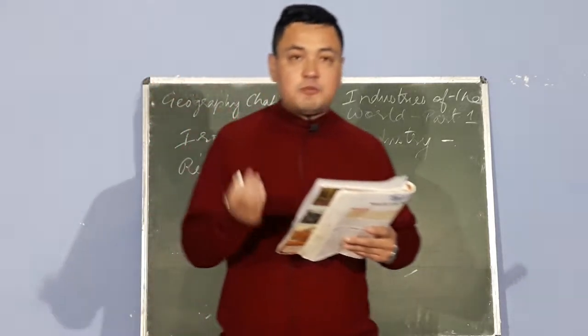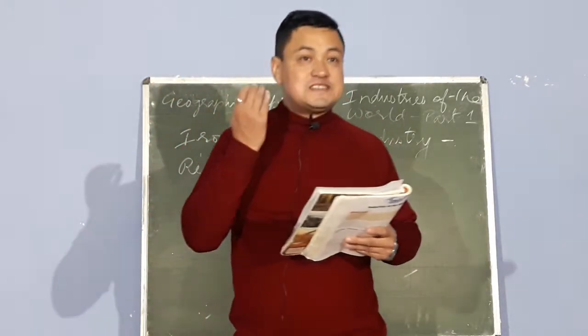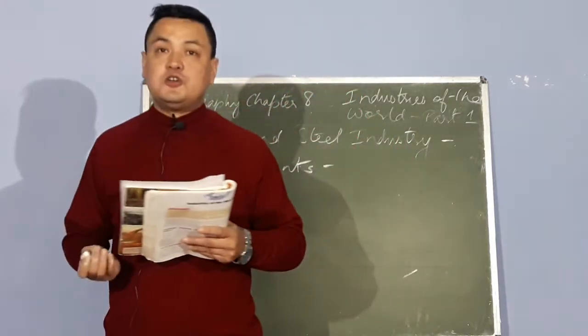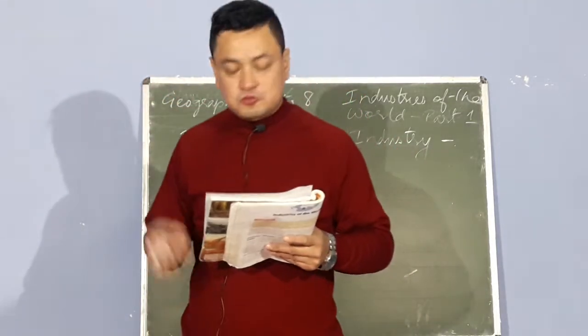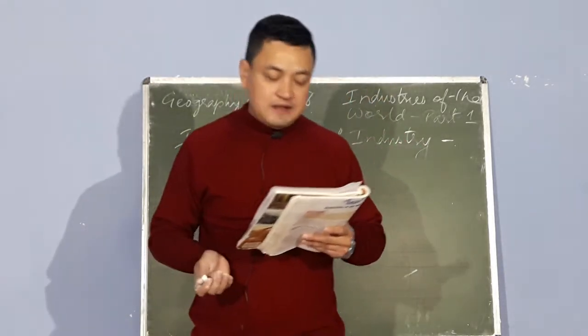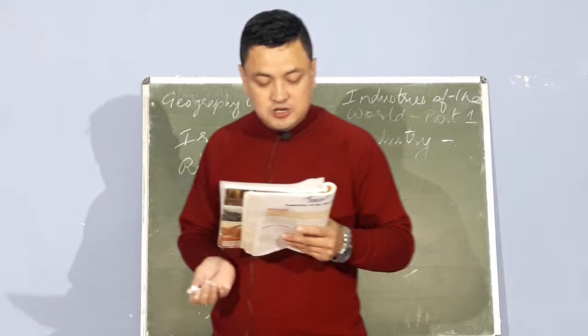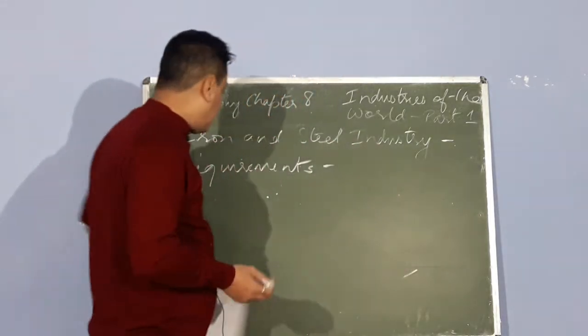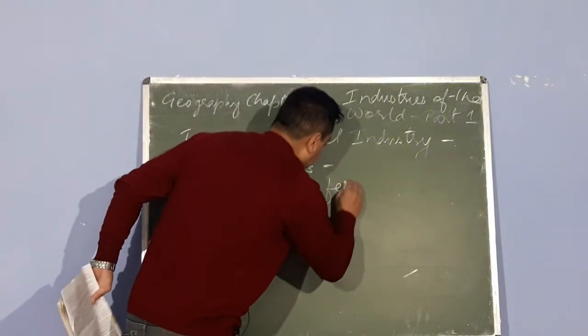Iron ore is a mineral or a rock from which you get iron, limestone, dolomite, which is a mineral made of calcium and magnesium, manganese, and ferrous alloy is also there.